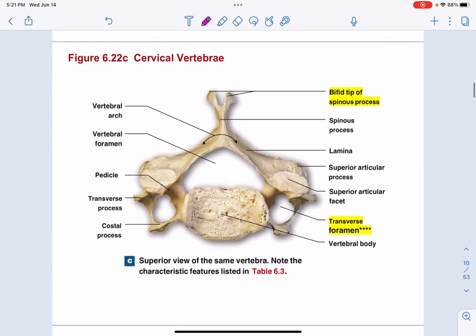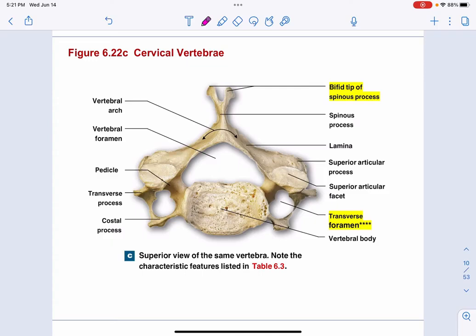Here is an actual image of a cervical vertebra from your textbook. It highlights some of the important features that I went over: the bifid process, the spinous process, the lamina. I'm not going to go through all of them because I really just went through all of them. The only one I didn't like is how it shows the vertebral arch, because I consider the vertebral arch everything except for the body.